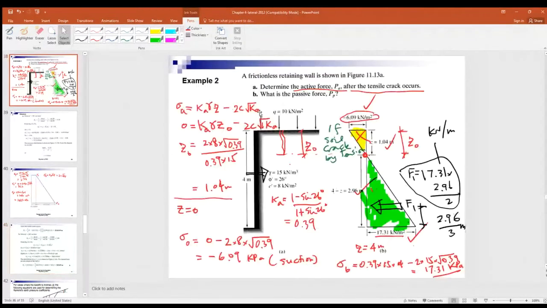Oh, sorry, I forgot the surcharge, right? That should be a surcharge. Sorry for that. So you should add here the surcharge. It's plus Q, right?